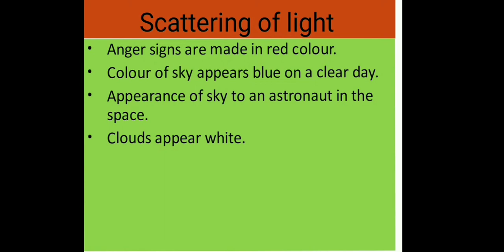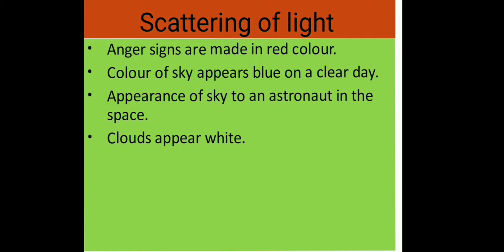Next, color of sky appears blue on a clear day. The upper layer of atmosphere contains very fine particles of water vapor and gases. These particles are more effective in scattering light of shorter wavelength, mainly blue, than longer wavelength. So the sky appears blue.